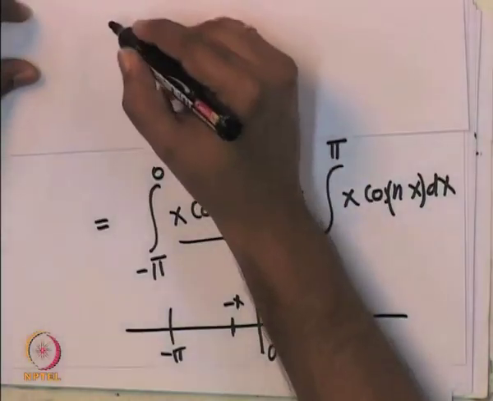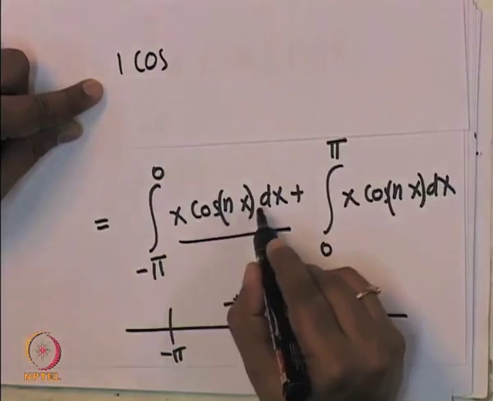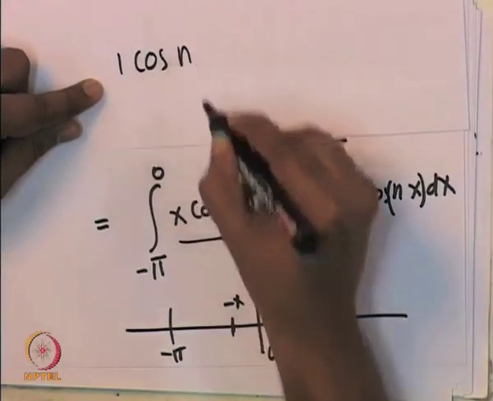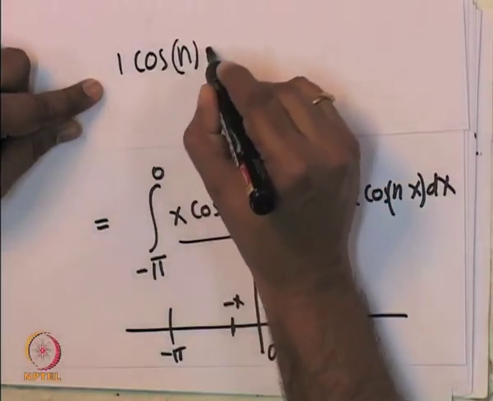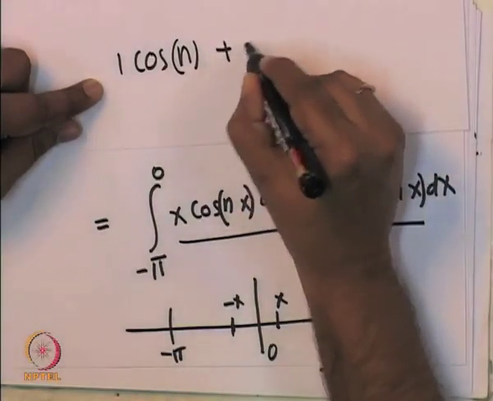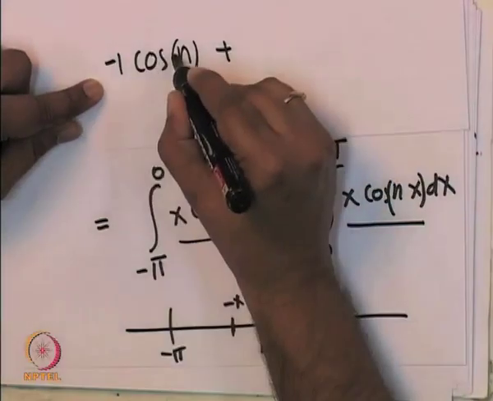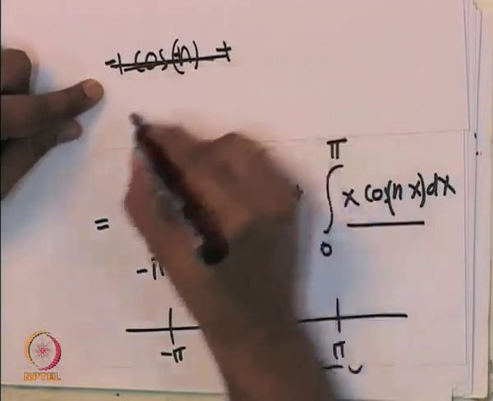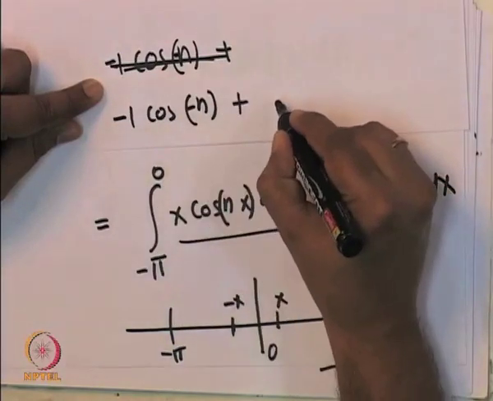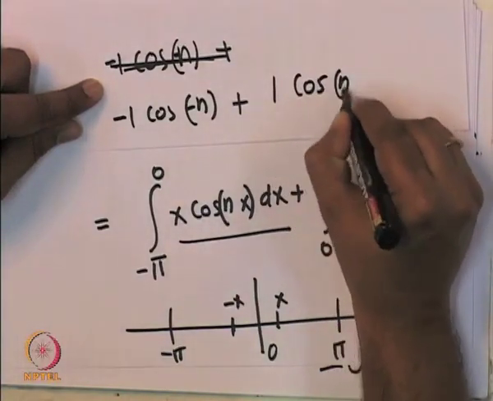This term becomes 1 cos n, where n x is n. And for the negative part, it becomes minus 1 cos minus n, plus this one, which is 1 cos n.